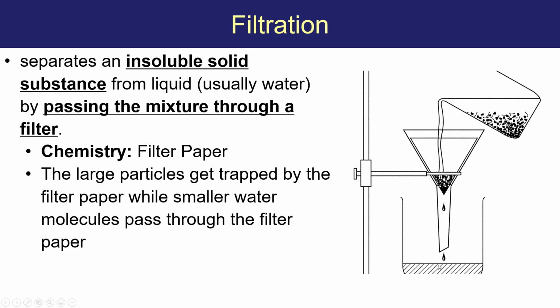Why can the top part go through the filter paper, yet the bottom part can't? Well, you guessed it. It's all about size. There are microscopic holes in the filter paper, and the solid particles are just too big, whereas the liquid portion is small enough to go through.